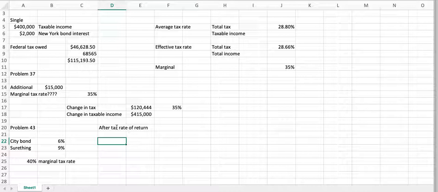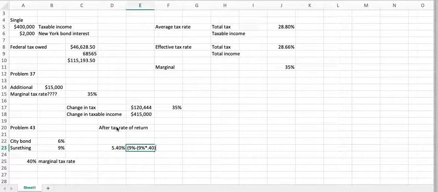On the sure thing bond, his after-tax rate of return is going to be 5.4%. Now, why is that? So we're going to pay tax on the 9%. And so what we're going to do is take 9%, and I'm just going to show you the calculation, 9% minus 9% times 0.40.